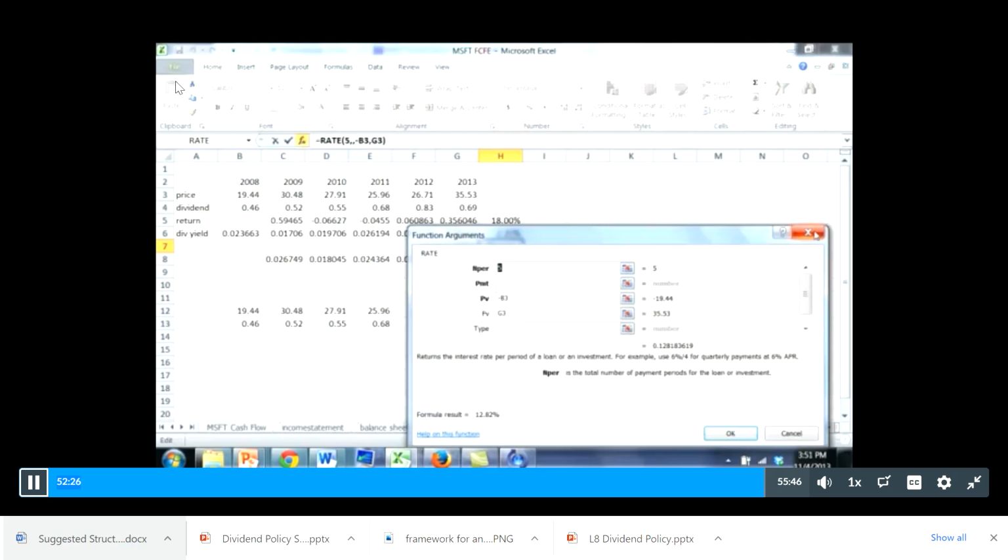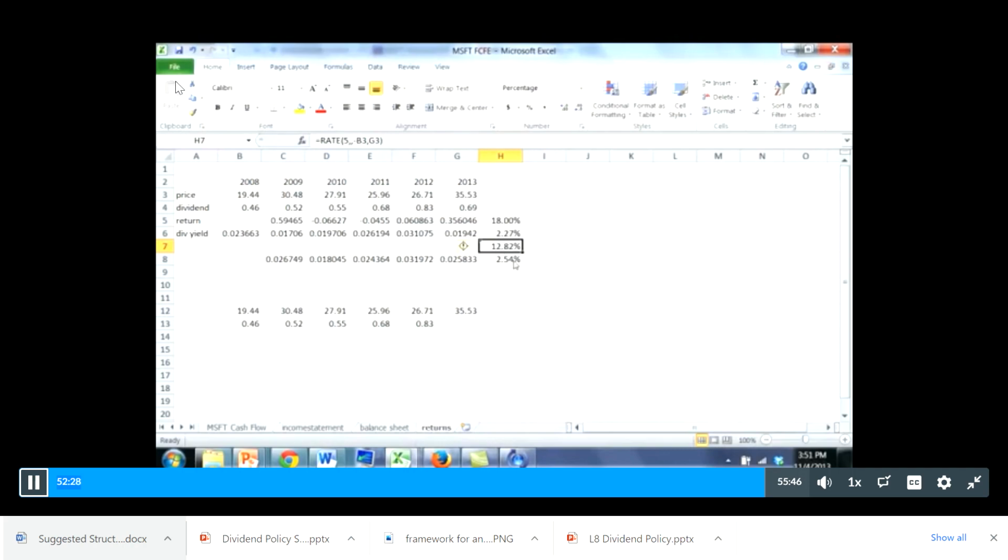But it's not constant, so I'm not going to include it. But on average, I'm getting a little more than 2% from the dividend every year. So whether I look at a geometric return and say, well, almost 13% plus about 2% is about 15% return per year, or I look at my arithmetic average return, about 18% per year.